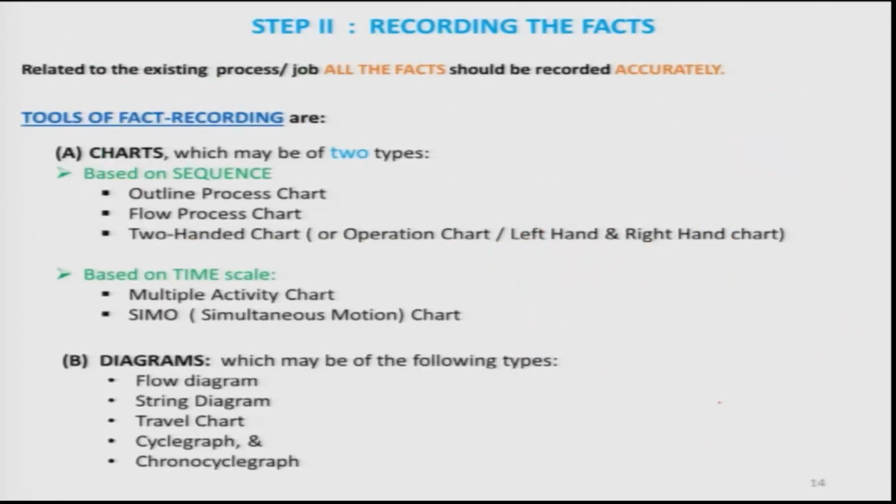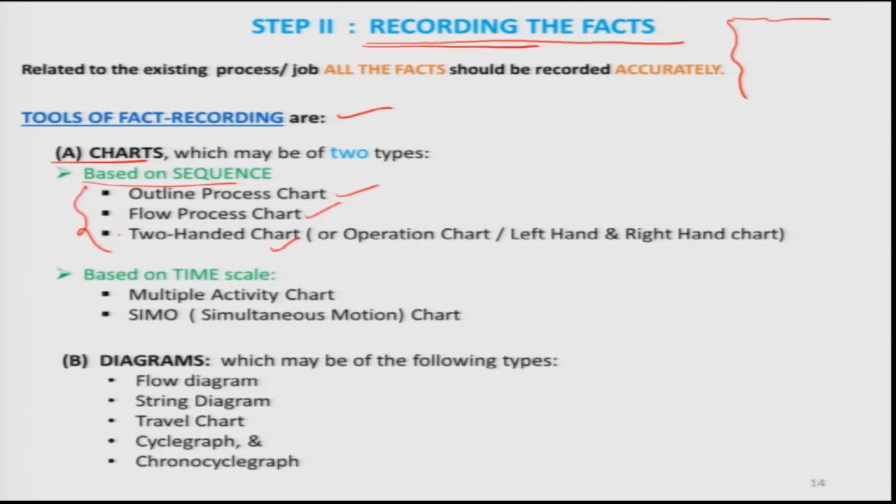Now, second step of a method analysis, that is recording the facts. Whatever you are visualizing or analyzing in your industry, you will have to make documentation of that. So, for that you will have to record those things. There are various tools involved in recording for fast recording purposes. First is chart. Chart is a basic tool which may help you in quantification or separation of work in a system. Charts based on sequence are the outline process chart, flow process chart, two-handed chart.